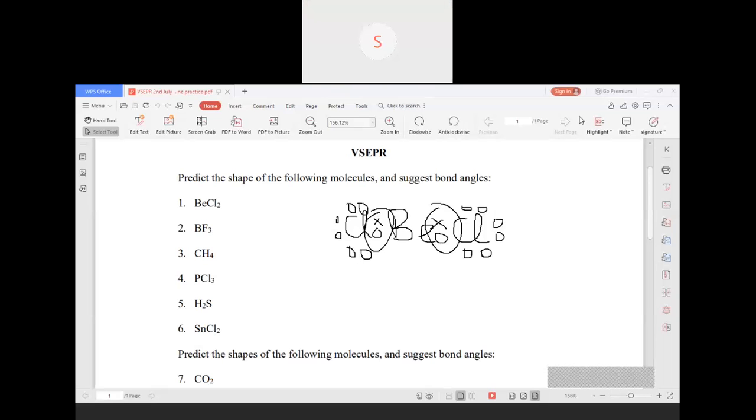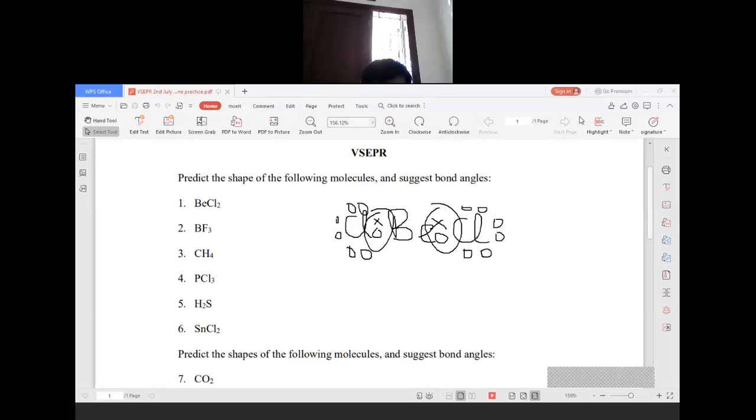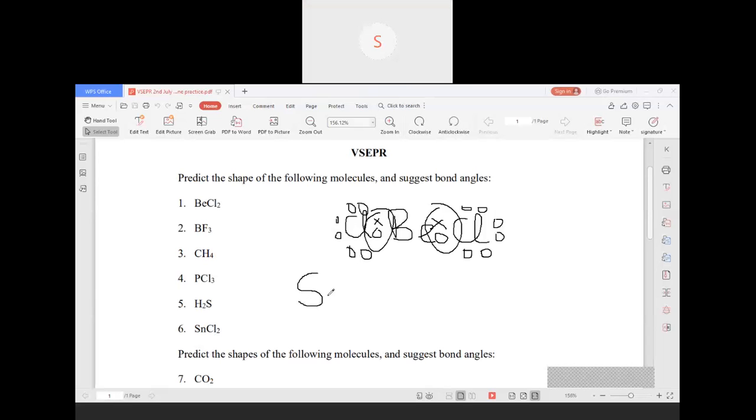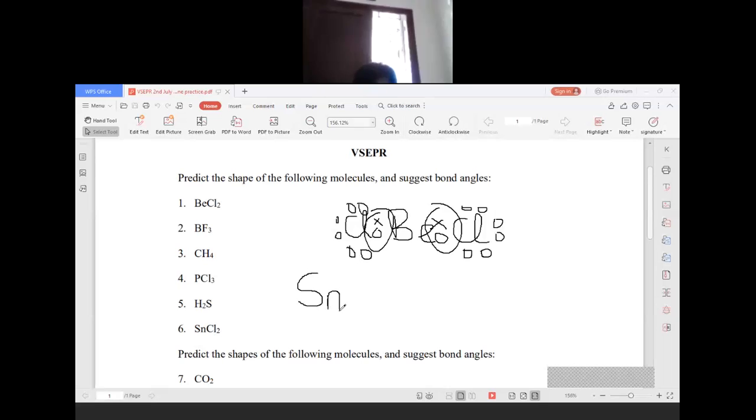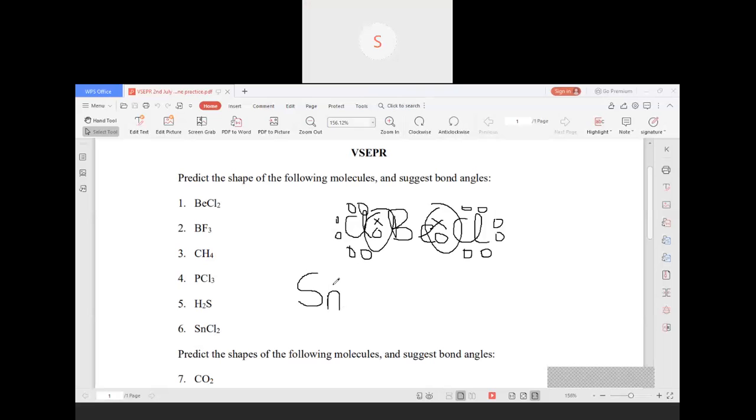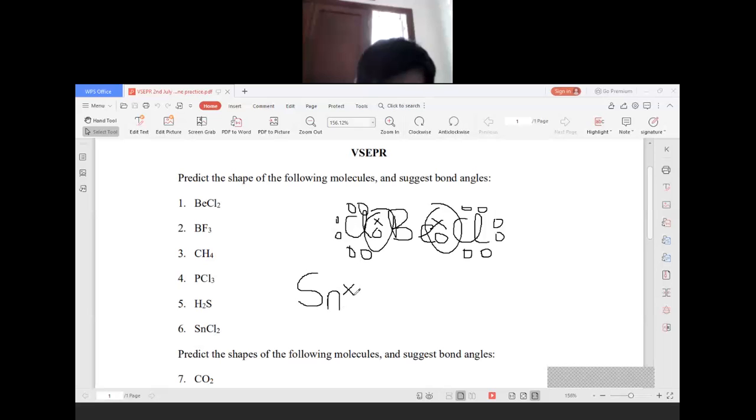Tin, yes, the symbol is Sn. How many electrons are there in the outermost shell of Sn? Four. Exactly, 4 electrons. And then in SnCl2, how many bond pairs are there?